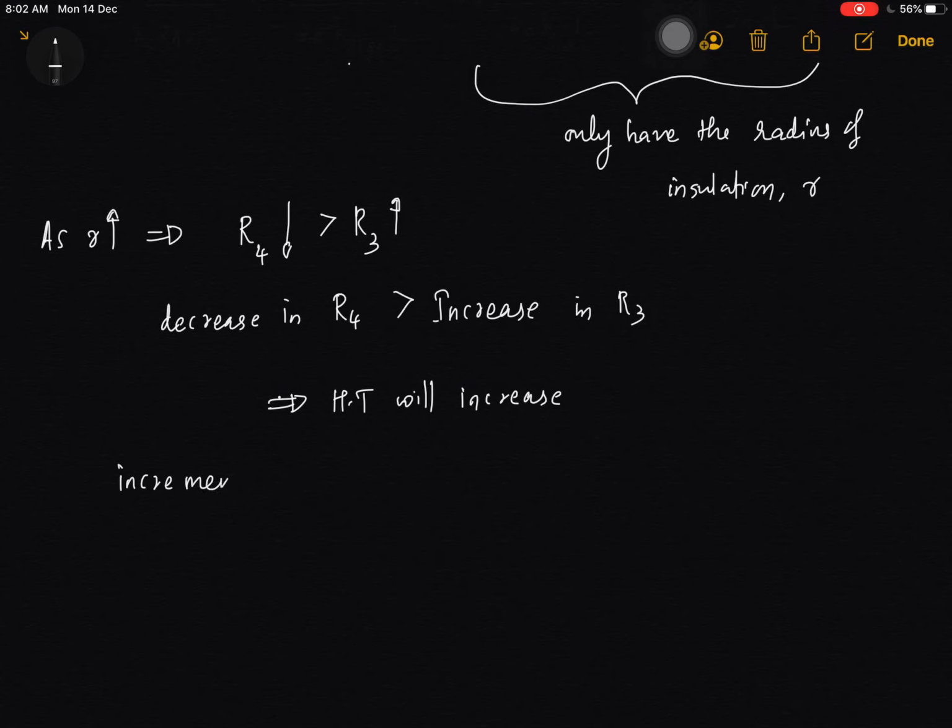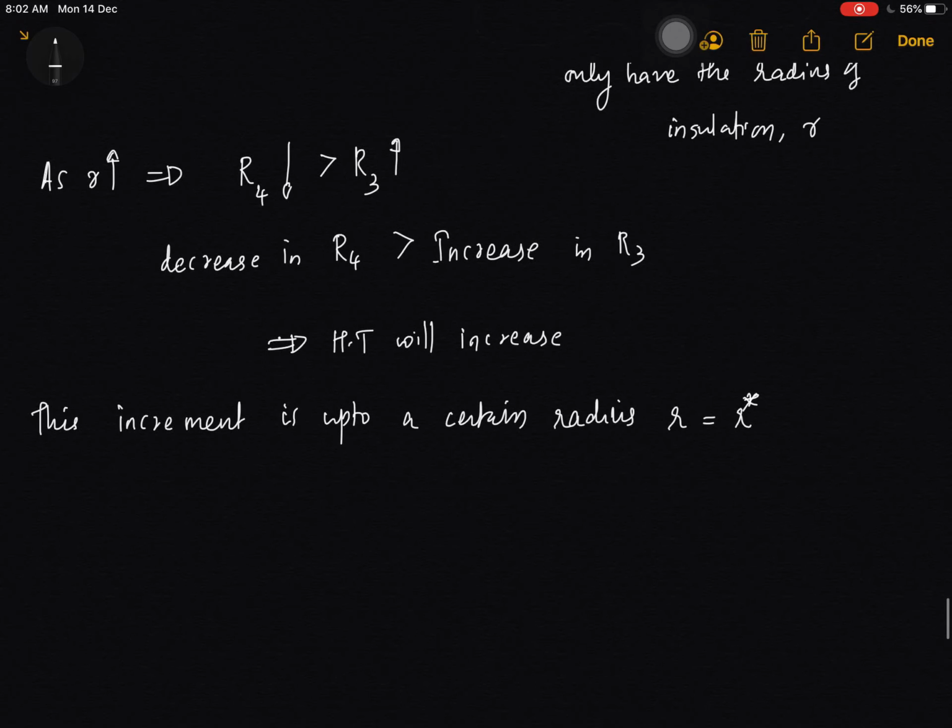But this increase is only up to a certain radius, which let's write as r star for simplicity.